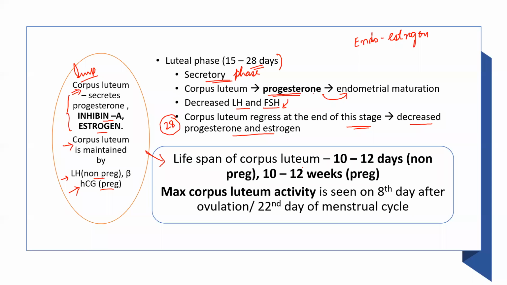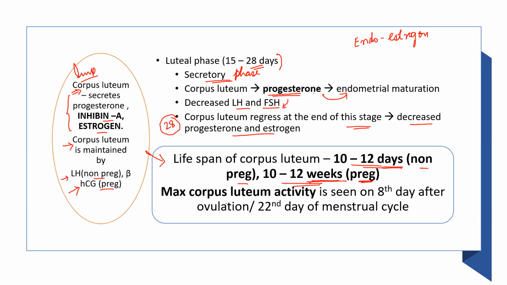Now, again, a little information on the corpus luteum. The lifespan of the corpus luteum is 10 to 12 days in a non-pregnant state. But in a pregnant state, it is 10 to 12 weeks. See the difference? You can remember, it's easy.